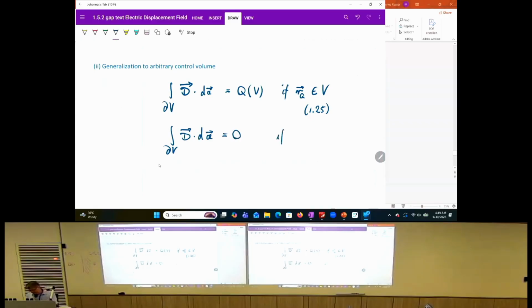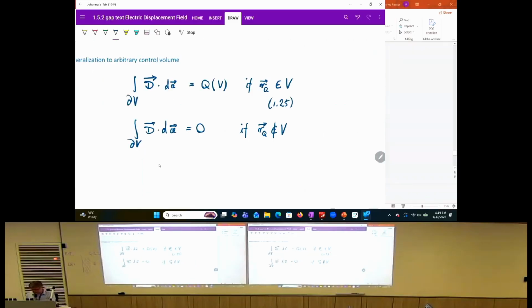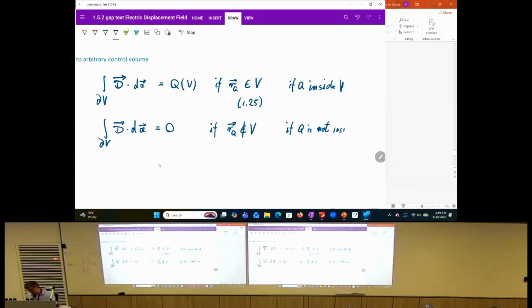That is the case if the charge is either not present at all, or at least if it is not part of this control volume. So you can also say if Q is inside V, if Q is not inside.